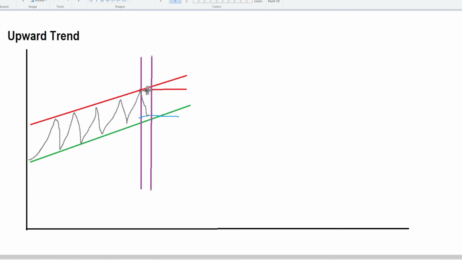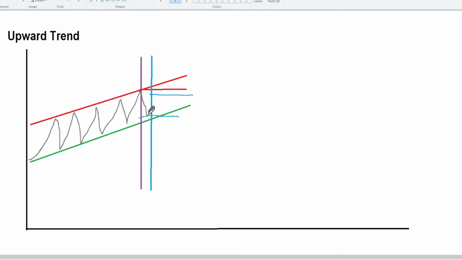And that means I really shouldn't wait for the stock to reach up here. So my sell order should probably be somewhere in this range. If it goes higher, that's great, but at least I made some money.